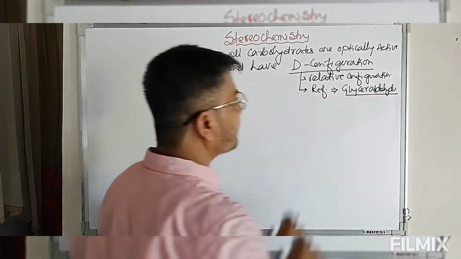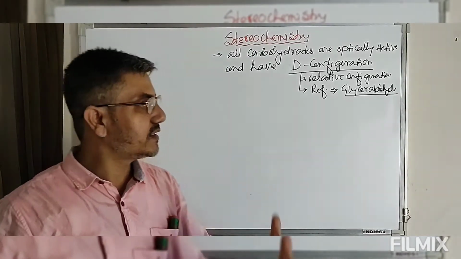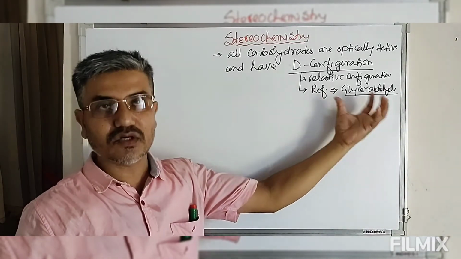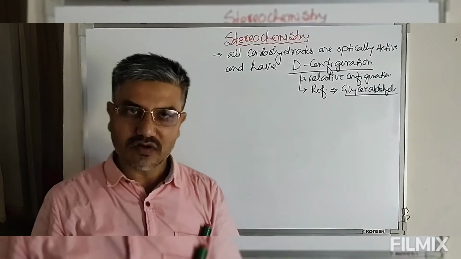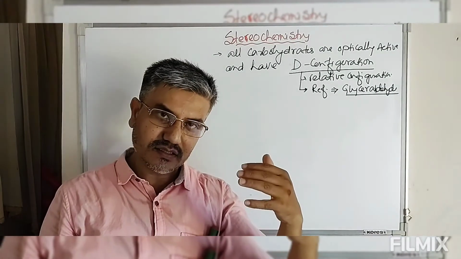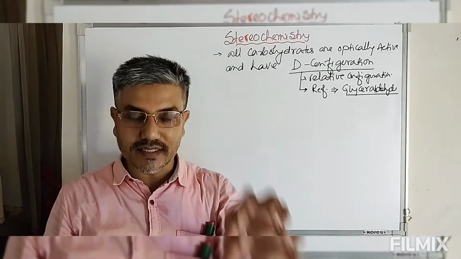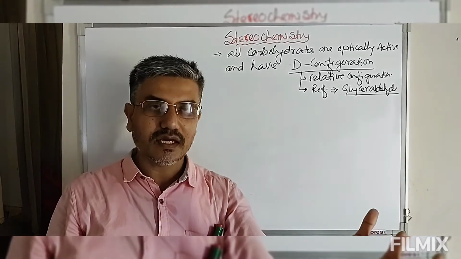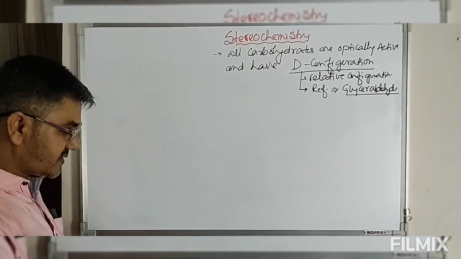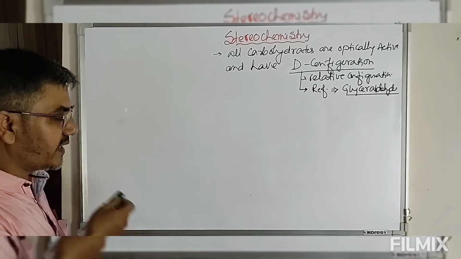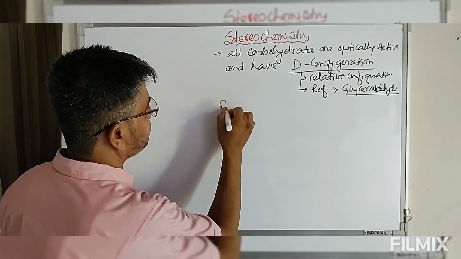So the relative configuration of all carbohydrates can be related to the configuration of glyceraldehyde. Once we know the configuration of glyceraldehyde, we can relate the configuration, not the absolute but the relative configuration of the carbohydrates. This D configuration is defined by a formula known as the Fischer formula.